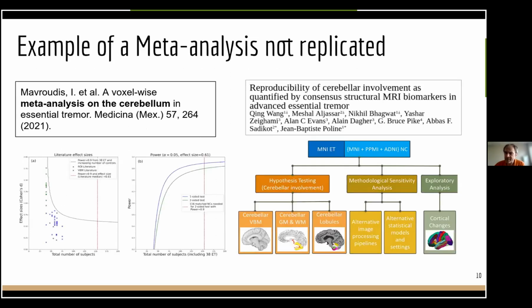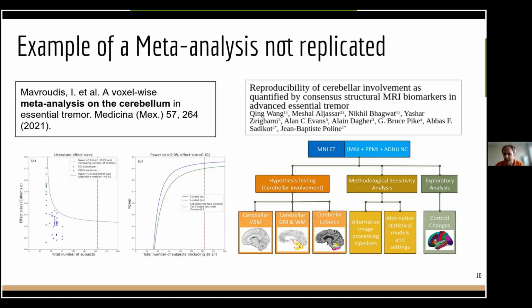And before that, I would like to take an example of a meta-analysis in the field of essential tremor, looking at the involvement of the cerebellum in essential tremor, the Rudis et al. paper.